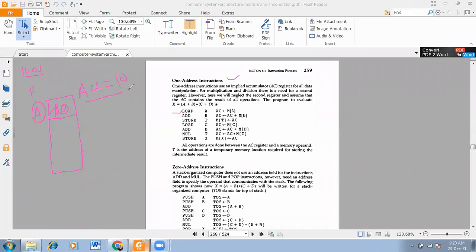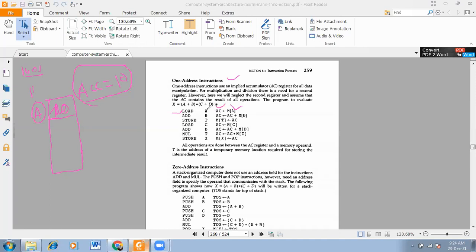What will go into the accumulator? 10. So loading means you are sending the data to the accumulator. So that is load A. That's why M of A, the content of the address A, is moving to the accumulator.